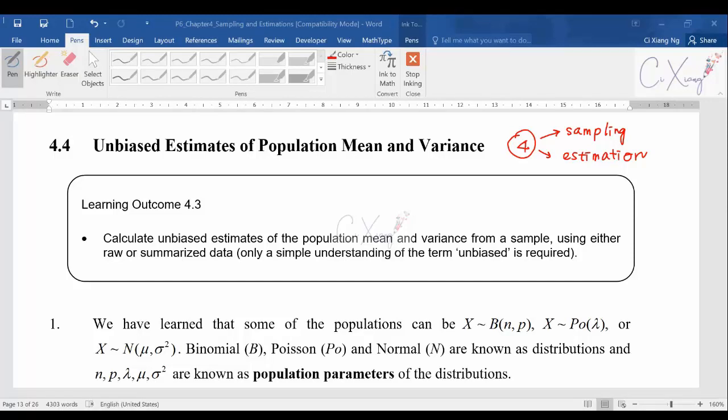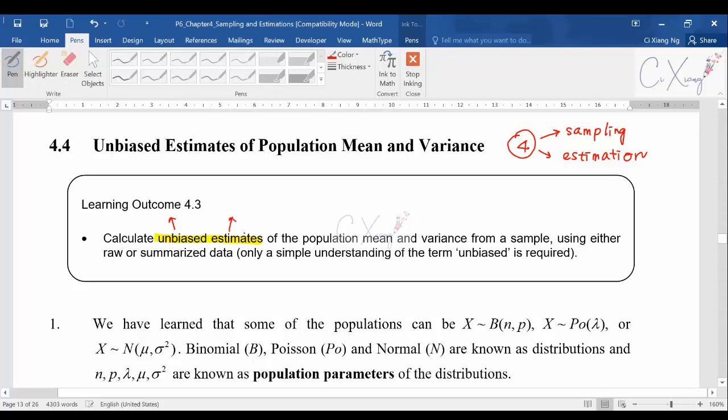In the sampling part that we learned last semester, we already have some idea about sample and population. So we are going to bring in the sample and population idea also in the estimation part. Let's have a look at the learning outcome for today. For learning outcome 4.3, they want you to calculate the unbiased estimates. Unbiased means accurate.